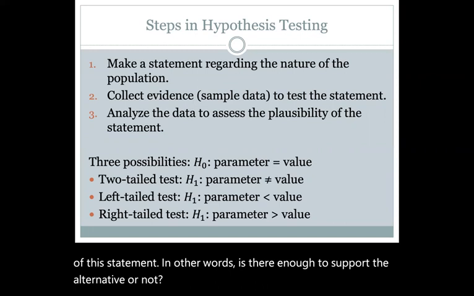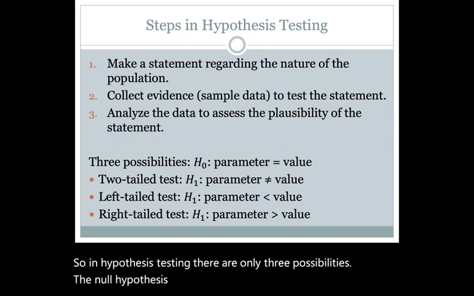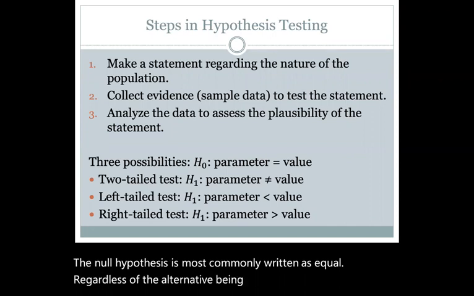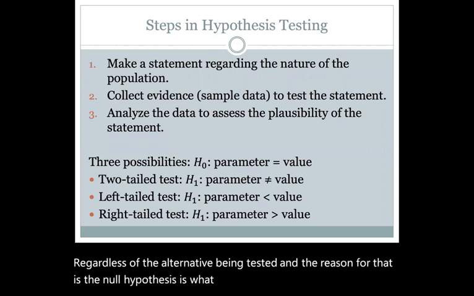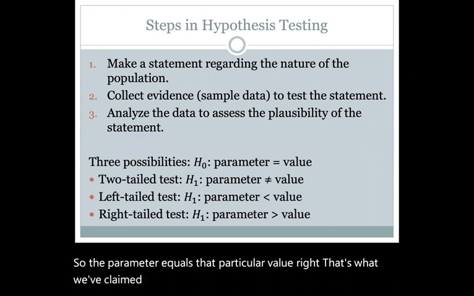So in hypothesis testing, there are only 3 possibilities. The null hypothesis is most commonly written as equal, regardless of the alternative being tested. The reason for that is the null hypothesis is what is believed to be true in this moment. So the parameter equals that particular value, right? That's what we claimed that it is at the start. And we conduct our test to determine one of the alternatives.